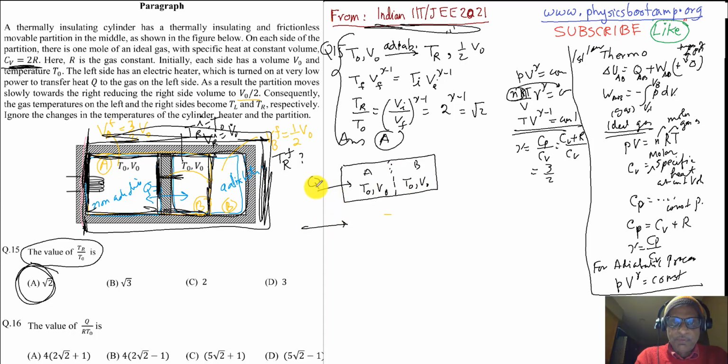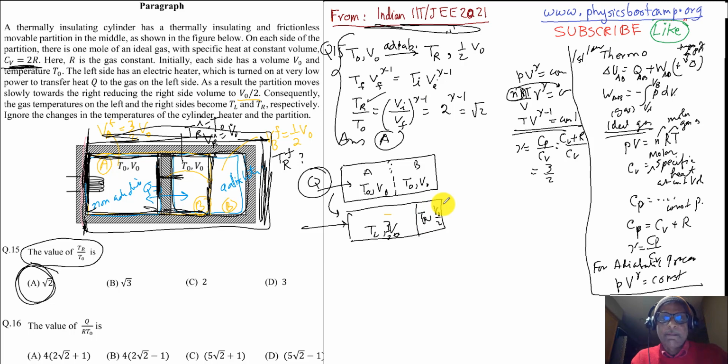Then after this much heat has come in, this gets transformed into some TA, then 3 over 2 V0, and TB we just found over here, some TB and V0 over 2. The reason I do this is when I look at this whole system, the work on this whole system. So we're going to look at the combined system.